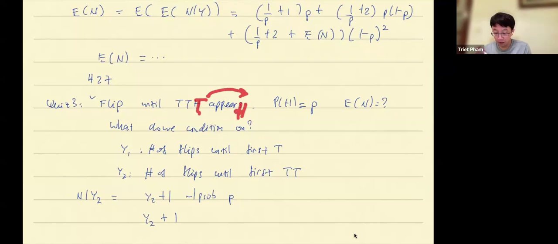Notice, if you get a tail again, you do not repeat the pattern. You have to be aware of what you're doing. If the next one is a tail, then you already have the two tails. Then you just have to wait for a head to appear. So you say here Y2 plus a geometric p. And this is with probability 1 minus p. Are we clear on this?